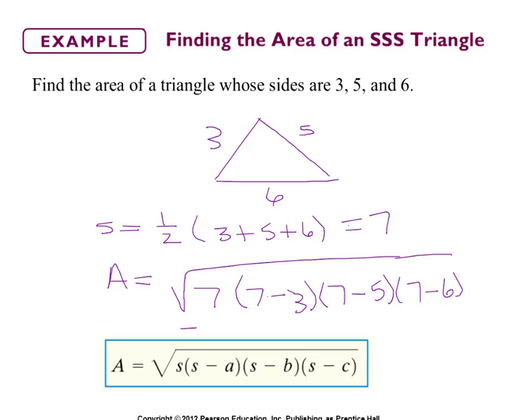So that's the square root of 7 times 4 is 28, times 2 is 56, times 1 is 56. Let me check, if I didn't make any mistakes.